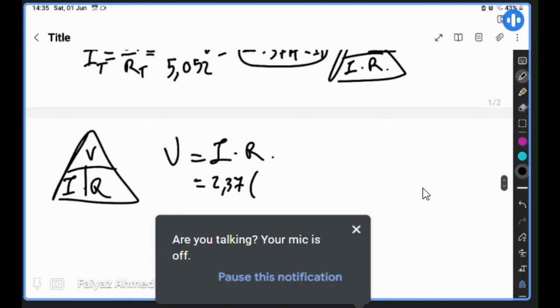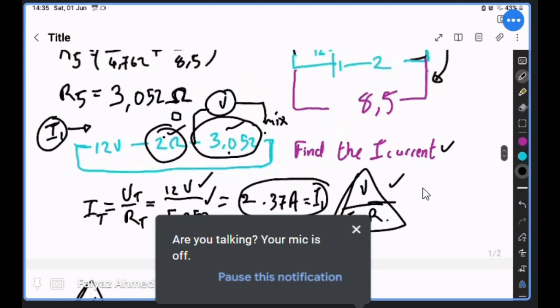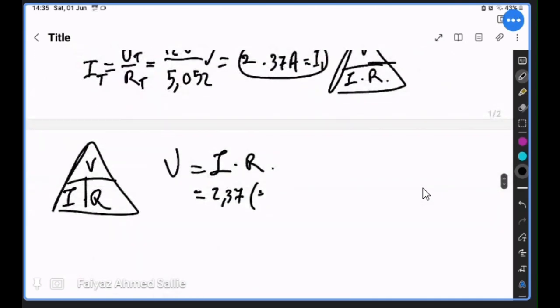So 2.37 multiplied by 3.052, we get an answer of 7.28 volts.